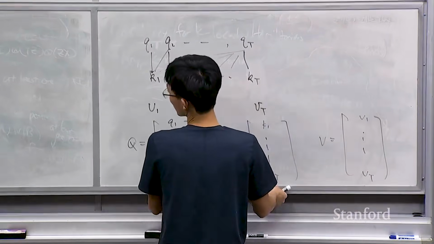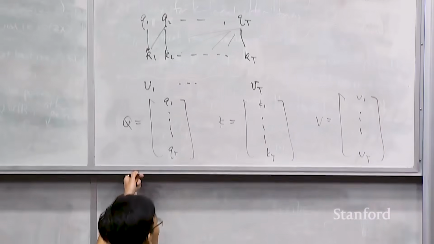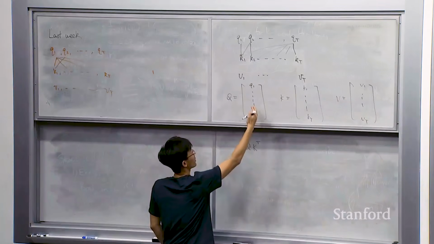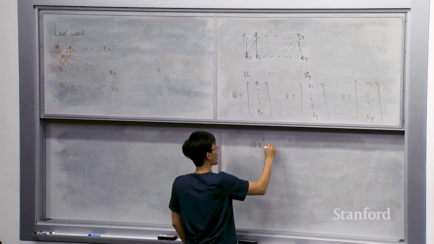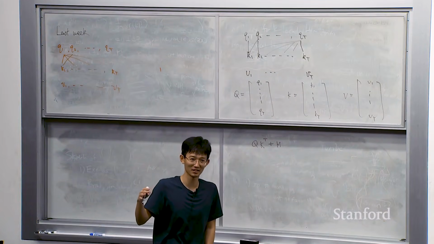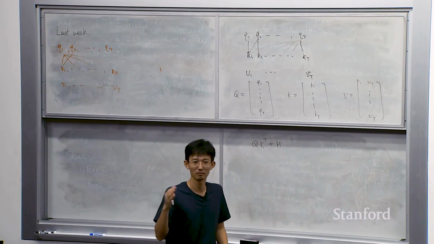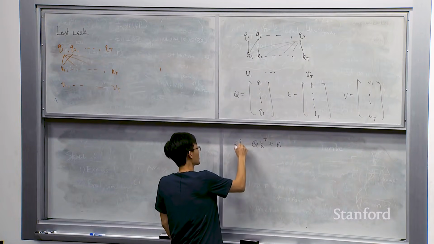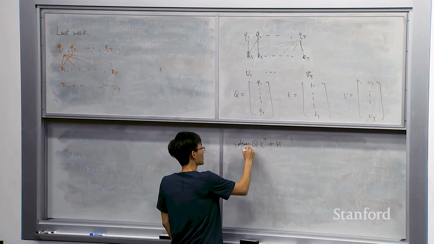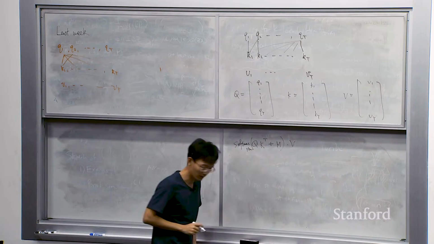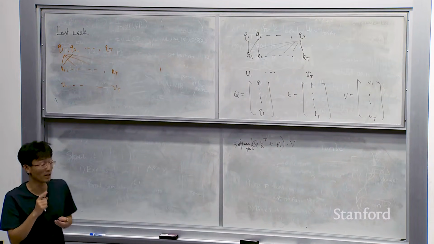The formula is something like Q times K transpose, which is the inner product, and you add a mask to set the invalid attentions to minus infinity so you don't use them. Then you do a row-wise softmax, and then you multiply by the matrix V. That was what we discussed for one single head.